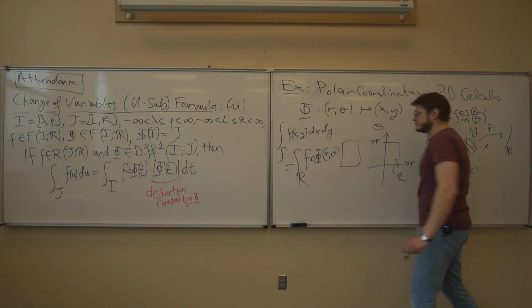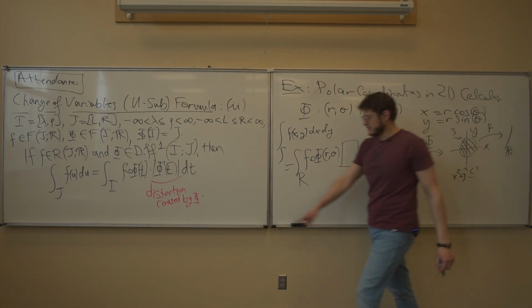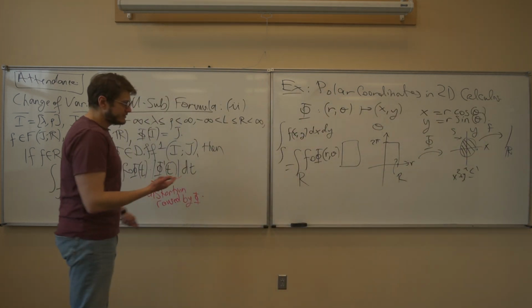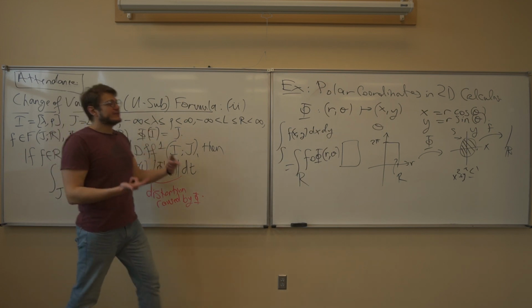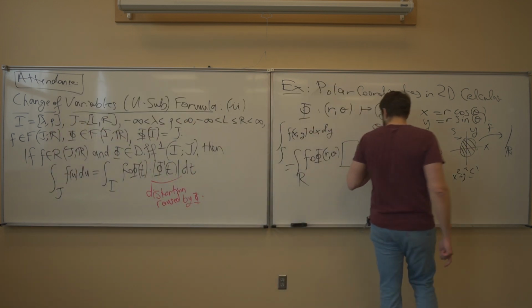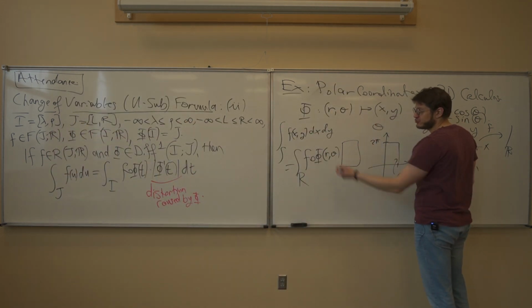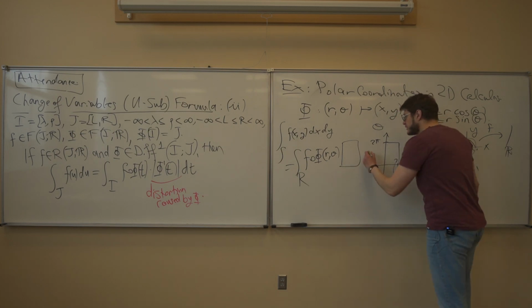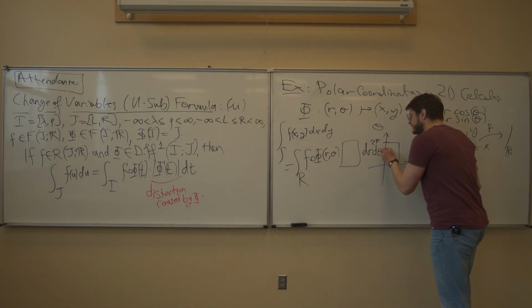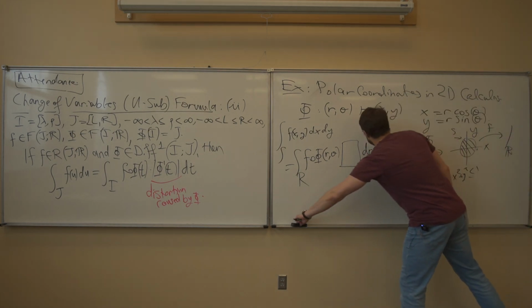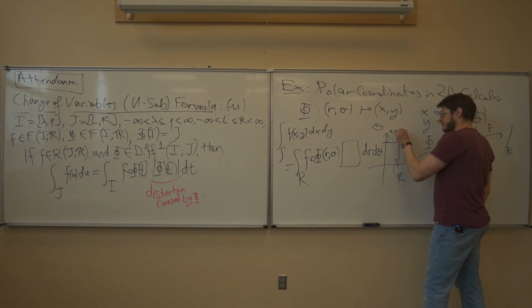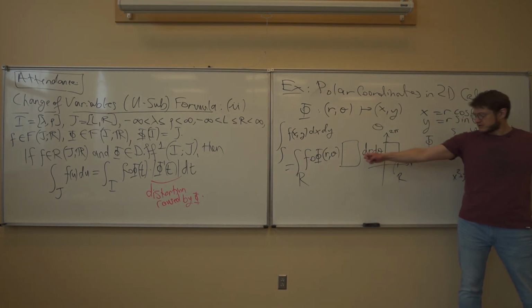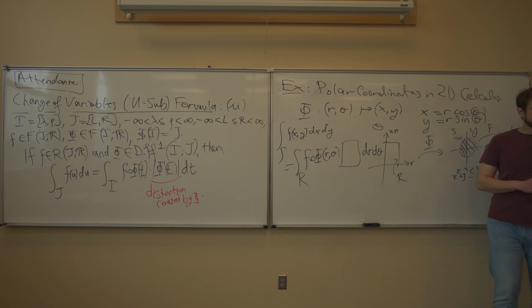There's a distortion coefficient, just like here. Now, instead of just having the lengths being distorted, you're distorting the areas. But still, this is going to be a number, because otherwise you wouldn't be able to multiply this by this. And then dr d theta. So there's a number that should go there.